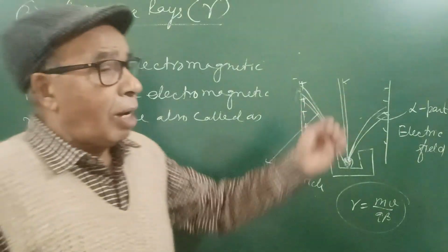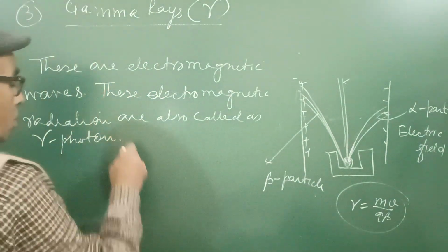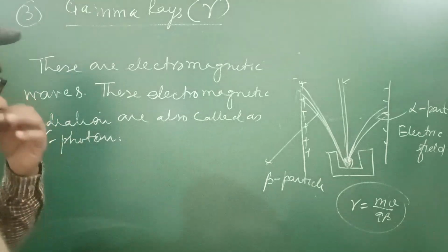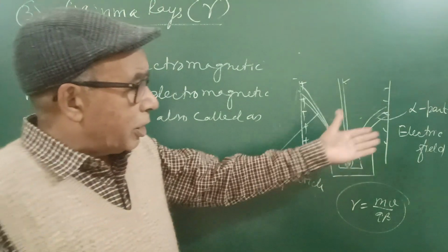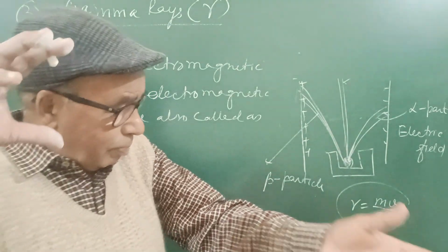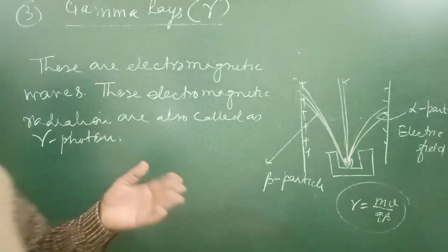The energy of a gamma photon is of certain million electron volts. They are neutral radiation, so electromagnetic waves are always neutral and can penetrate through thin sheets, then can penetrate through our own skin and produce ionization.